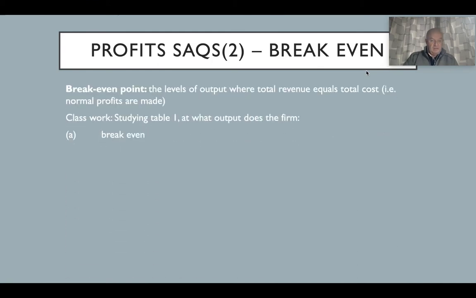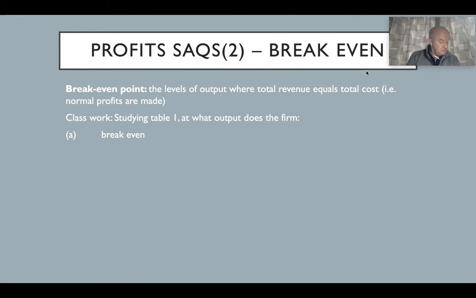In this instance, we've got a number of different values given in terms of the level of output, total revenue, total cost and profit. Taking a look at the bottom of page 54, you've got that table that you need to look at. We need to look at what output is break-even and where we're maximizing profits.